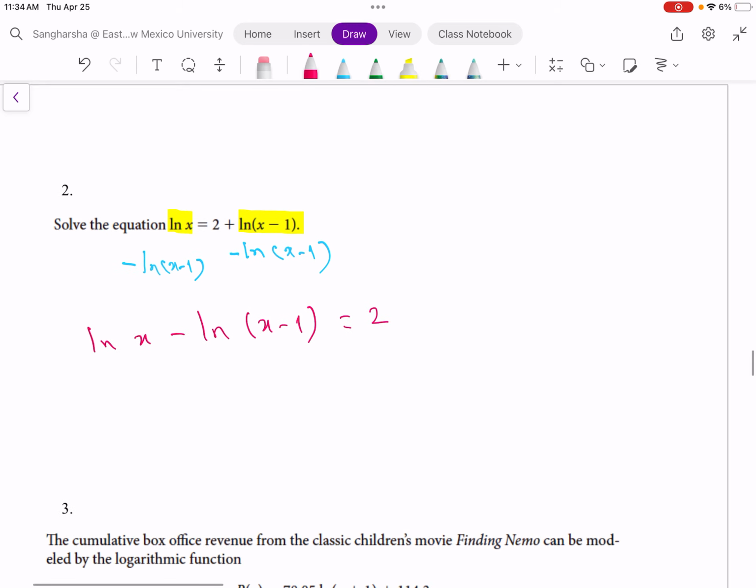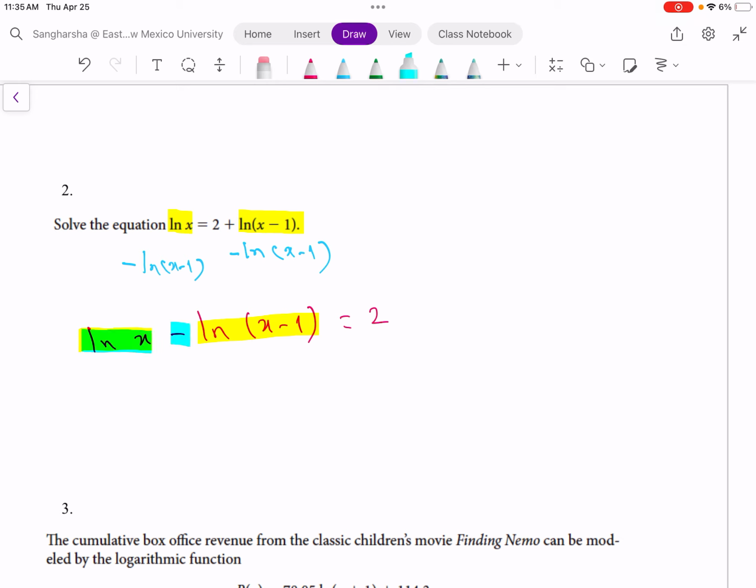Collect every log expression in one side. Now on the left side we have a log expression. How many do we have? We have 2, right? Now we need to write these 2 log expressions using a single log. Here we have a difference of 2 logs, right?